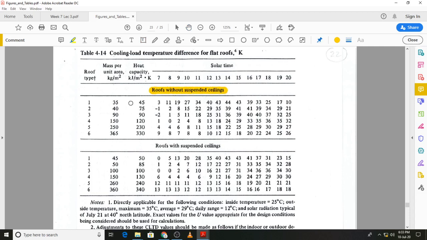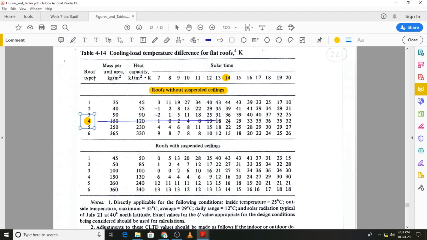We are also given the roof type, roof number 4, which has also been marked out. Now you have the time, and we need to find the cooling load at 1400 hours. You can see this is the column that you will read the value from, and once we have the right roof type and the time, we can find the CLTD value.